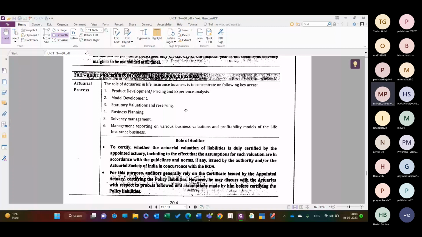Nowadays, most of the software is used, and because of artificial intelligence, everything is actually done by computer software. But whether at the development of a particular software it is working appropriately or not, these actuarial processes are becoming more and more important in the days to come.